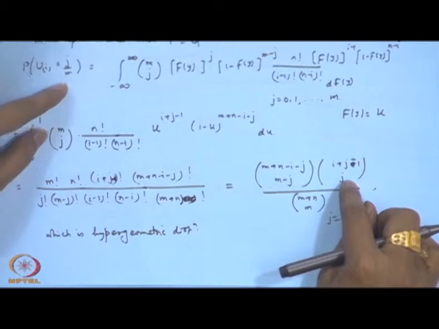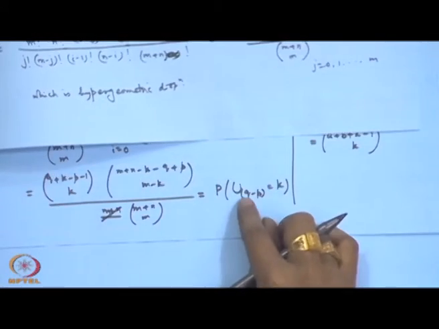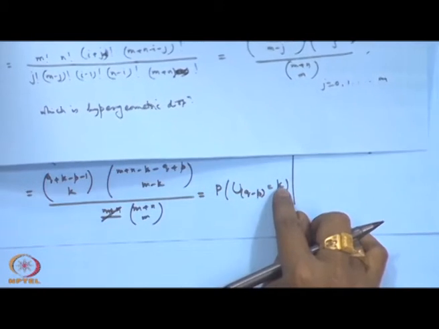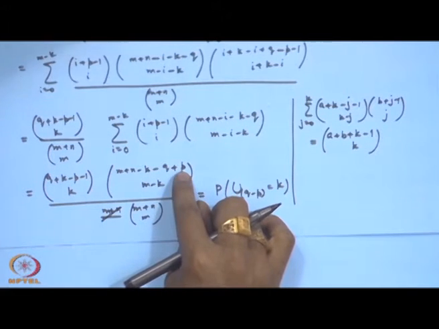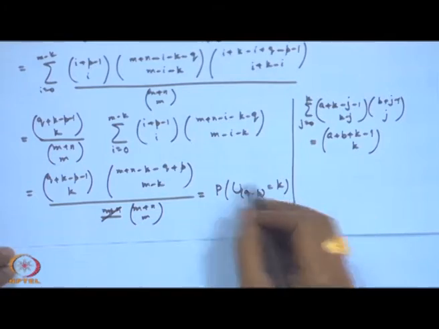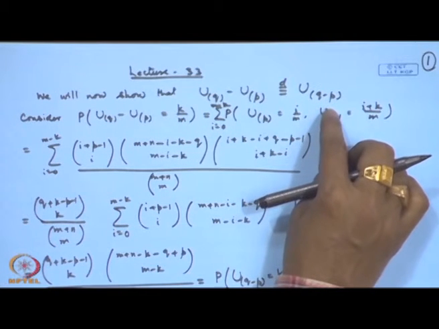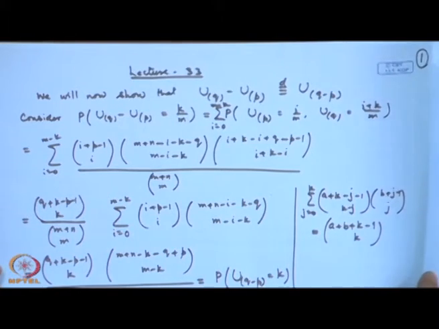So, here if I put I equal to q minus p and j equal to k, then I get exactly this quantity. So, this proves that the distributions of u q minus u p and u q minus p are the same. That means it is dependent upon the difference. Now, let us consider the moments of u I, u j.